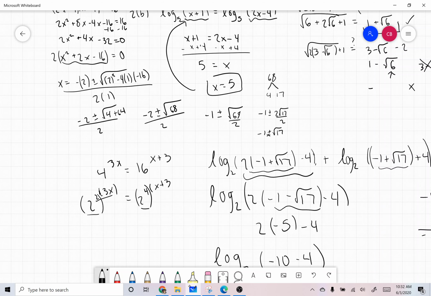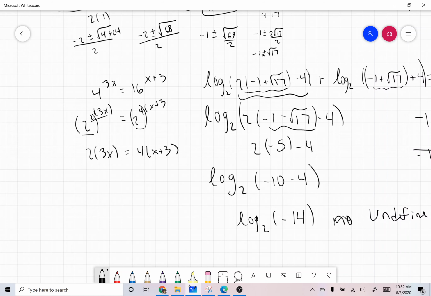This is going to be 2 times 3x is equal to 4 times x plus 3. This is 6x is equal to 4x plus 12. 2x is equal to 12, which gives x is equal to 6. You can plug it in and see that it works.